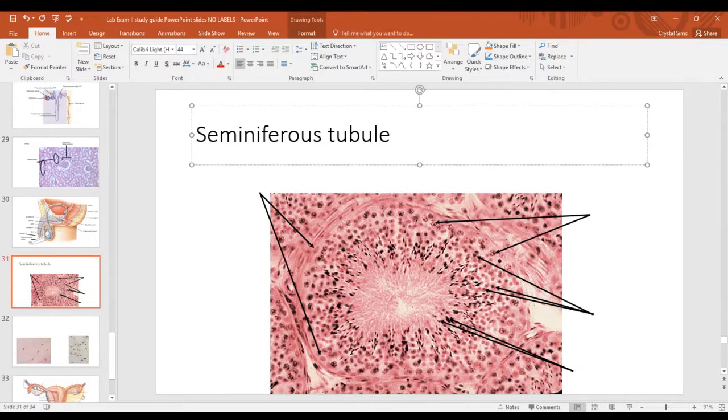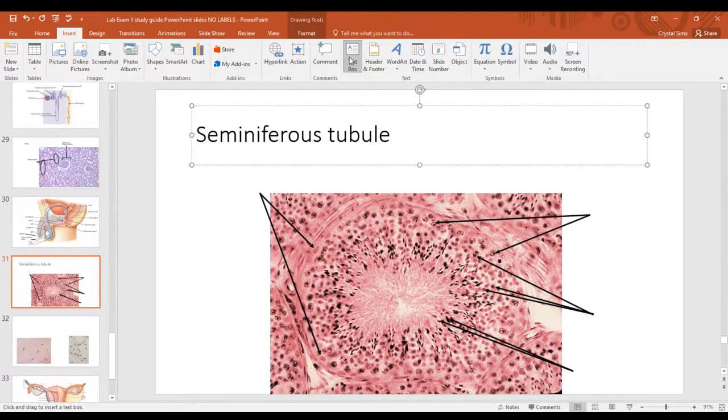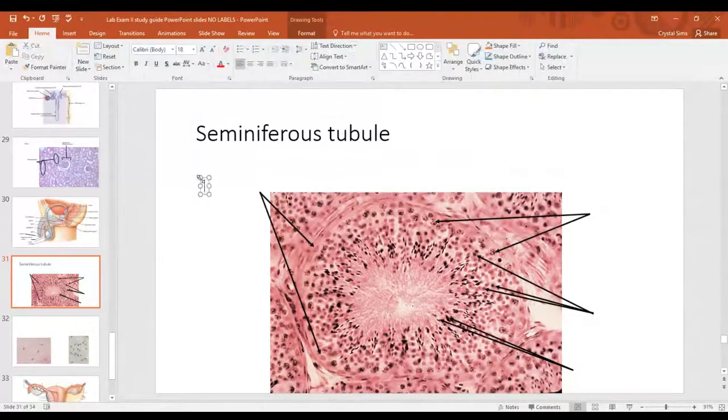The external urethral orifice is next. And then I have the testis next. And then the scrotum is the last one on the left.